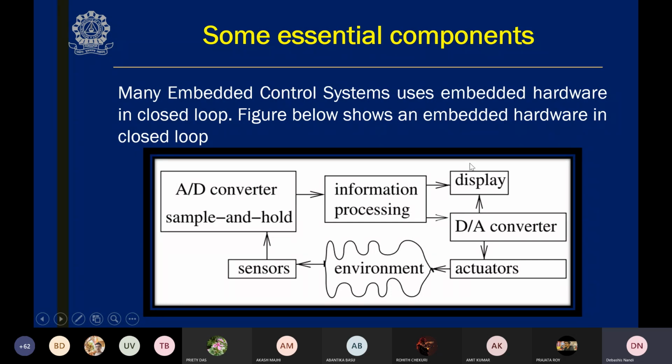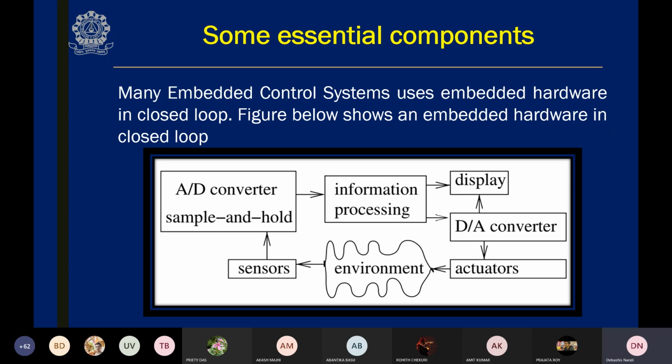Okay, therefore one output of the information processing unit you can send to the display for displaying the information. And the other input of the display may be the output of the converter, so you can see the information in analog form also. That's why one output of the DA converter is applied to the input of the display unit. Actually, in the display unit, you may want to get the information in the form of a digital signal, or you can get it in the form of an analog signal.